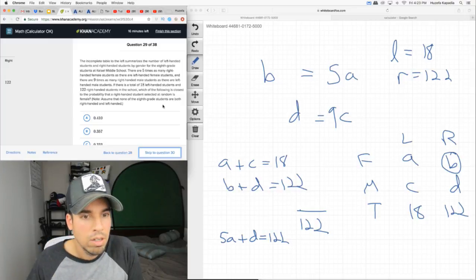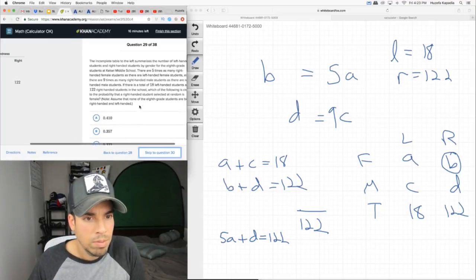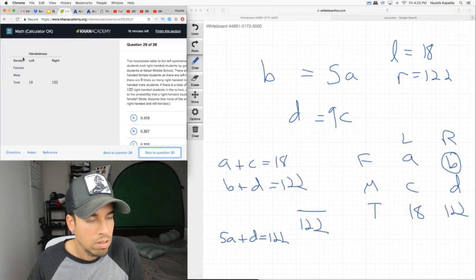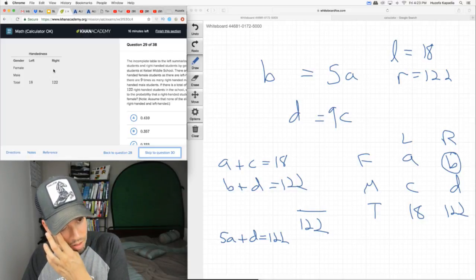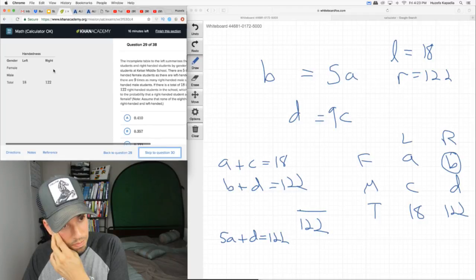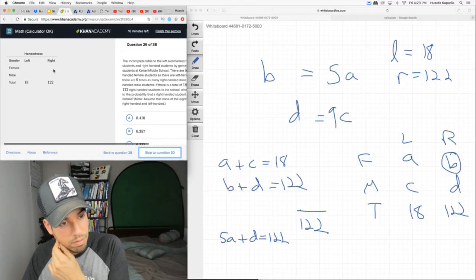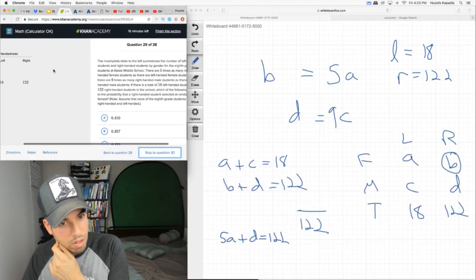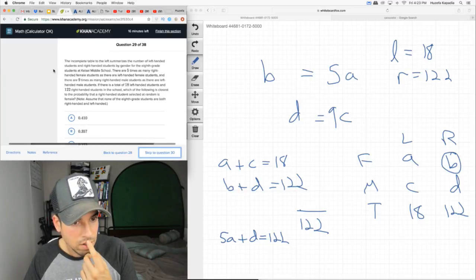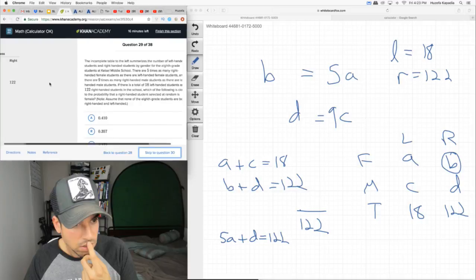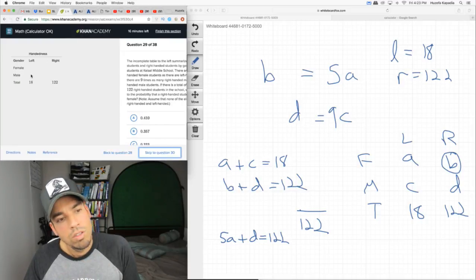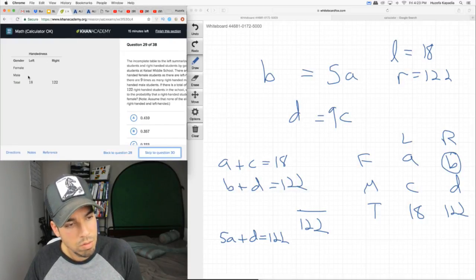I don't see 5 times as many right-handed female students as there are left-handed. Right-handed and left-handed. So like 1, 5, 2, 10. And 9 times as many right-handed male students. Sorry, left-handed. So this is 1 and 9.